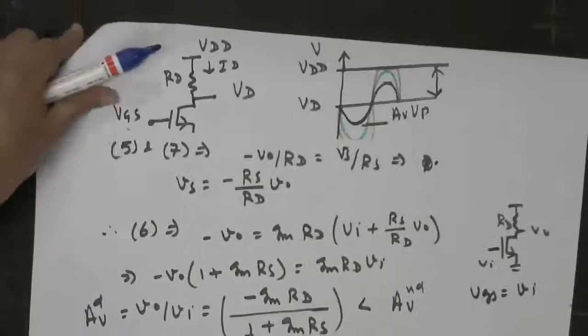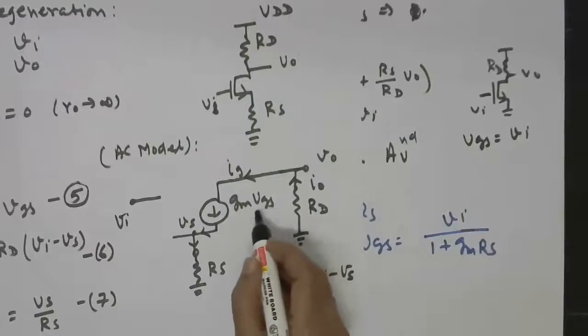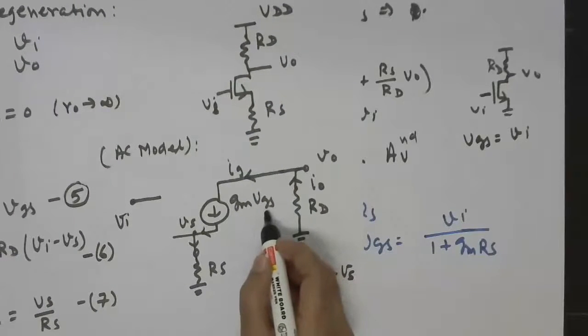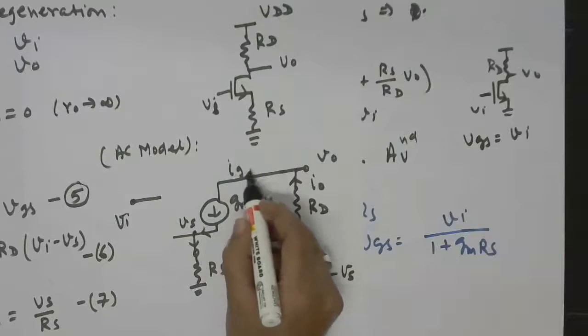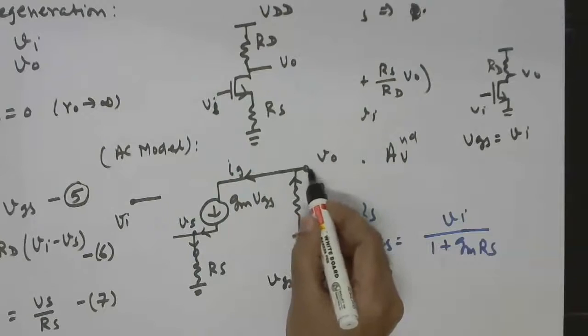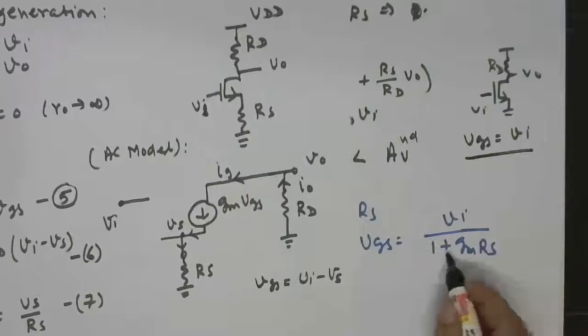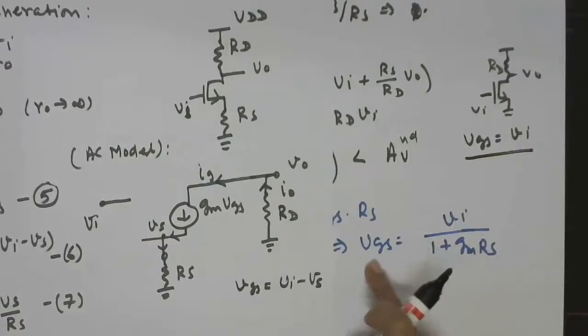So here, since VGS gets reduced for the degenerated case, of course the current is also going to get reduced. That is why the output voltage that you will see will be smaller compared with this case. So this degeneration leads to a reduction in the gate to source voltage.